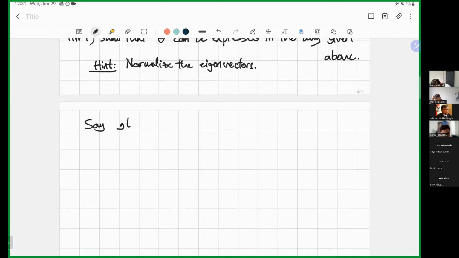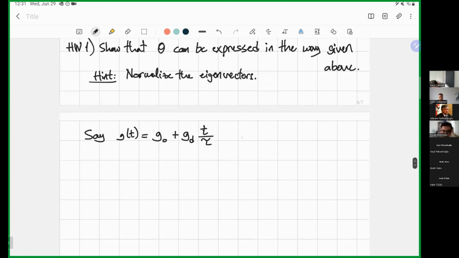Say g(t) is a linear ramp. We are changing the value of g from an initial value to a final value. Let's say that we are changing it from g0 to a value g0 plus g_d times t divided by τ. Here τ is the duration of the process, the driving time.